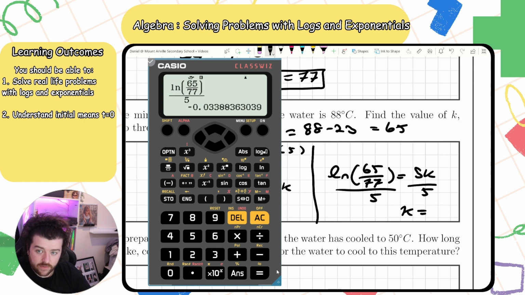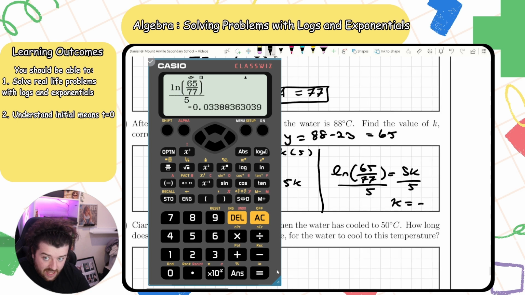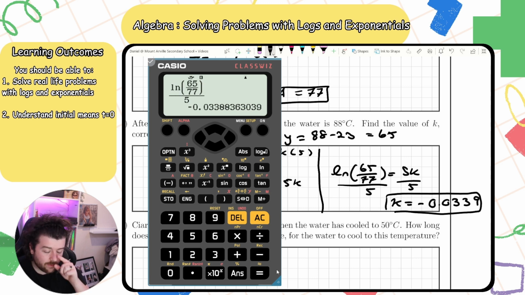K is going to be roughly equal to minus, so it says to 3 significant figures, so it'll be minus 0.0339. So remember, significant figures, we only look for the first 3 non-zero numbers. So k is equal to minus 0.0339. Right.